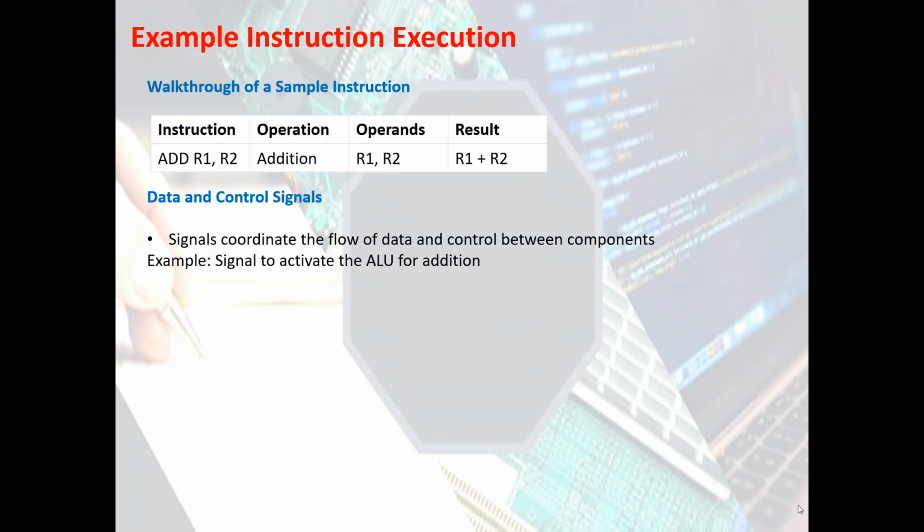So, this is a simple example of instruction execution and we'll walk through this example. Yung nakikita natin, we have 4 columns dun sa ating table. The instruction, the operation, the operands, and the result. So, yung instruction na binigay natin, add R1, R2.